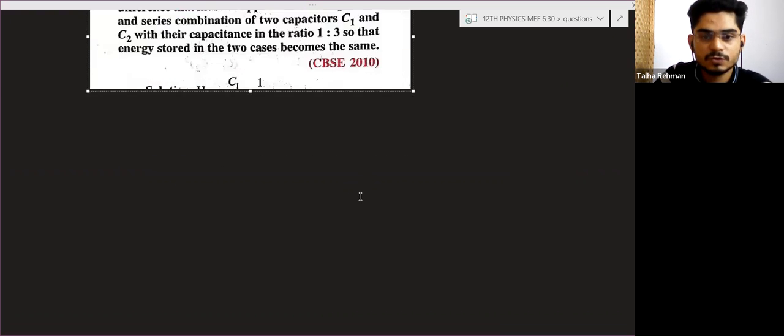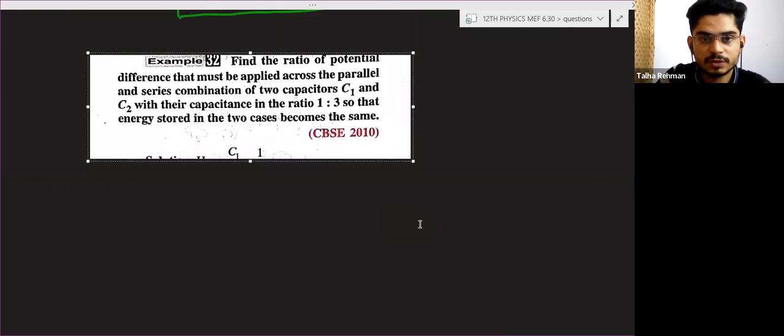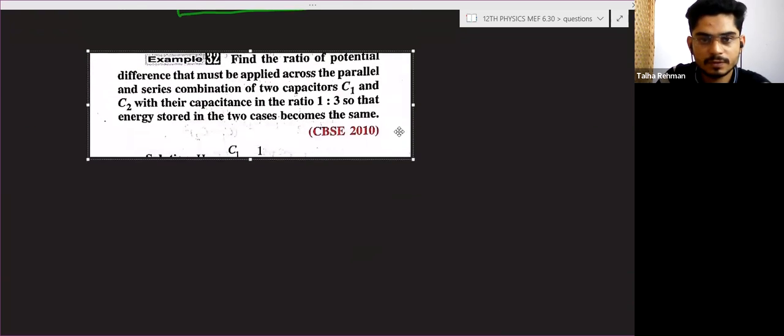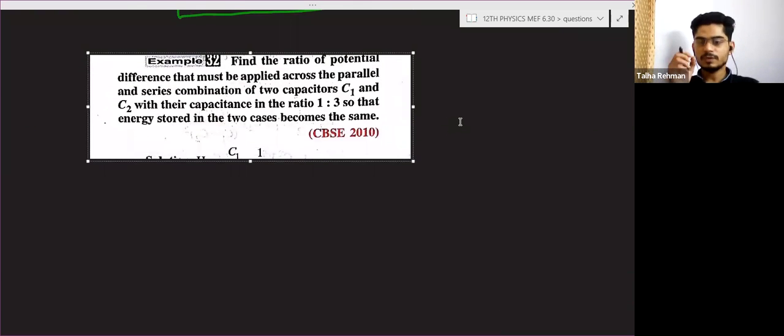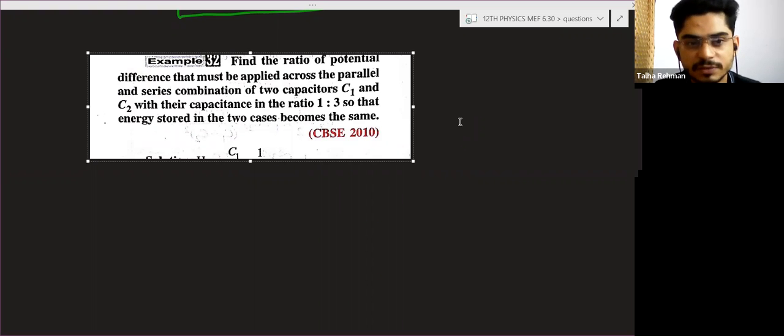Okay. So this is the question now. First, read the question. Find the ratio of potential difference that must be applied across the parallel and series combination of two capacitors C1 and C2 with their capacitance in the ratio 1:3, so that the energy stored in the two cases becomes same. Very good.